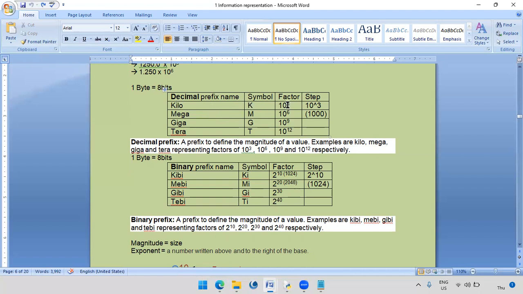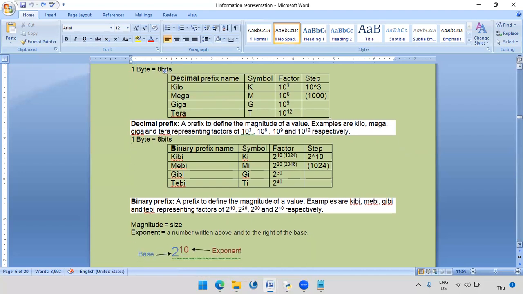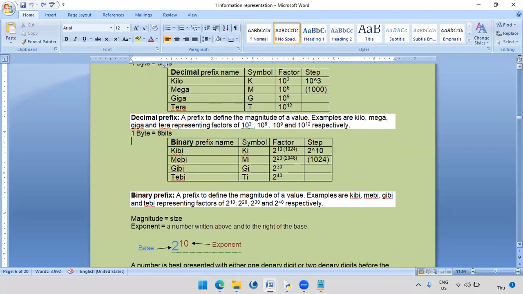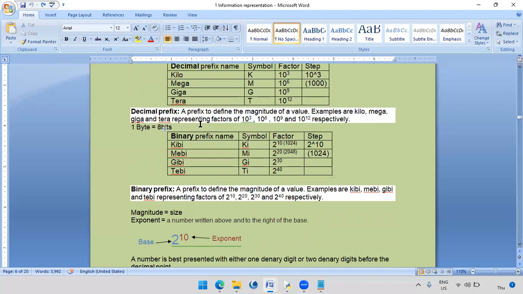For kilo, 10 to the power 3 bytes, that is 1000. Mega is 1 million, giga is 1 billion and tera is a trillion. Right? That's a decimal prefix, a prefix to define the magnitude of a value. Examples are kilo, mega, giga, and tera, representing factors of 10 to the power 3, 6, 9, and 12 respectively.